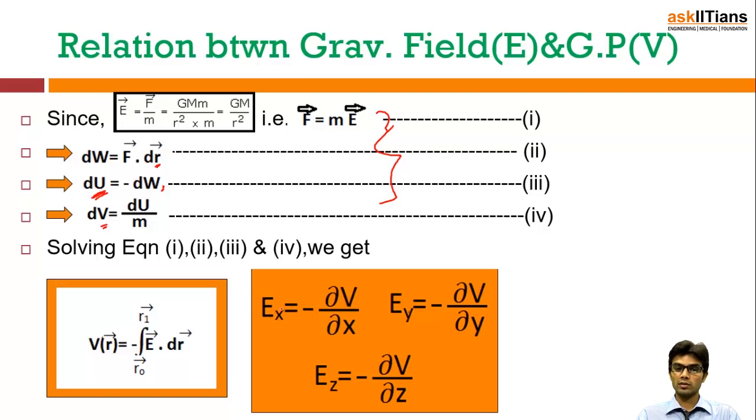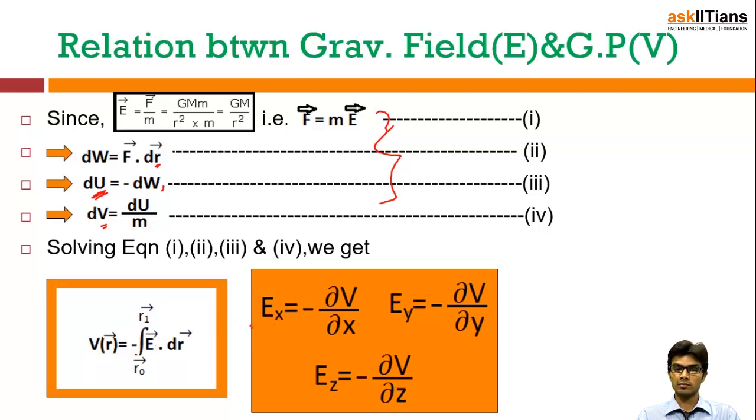So we can find the gravitational field by differentiating the gravitational potential. We know that the reverse of differentiation is integration, so we can find the gravitational potential from the gravitational field by integrating.